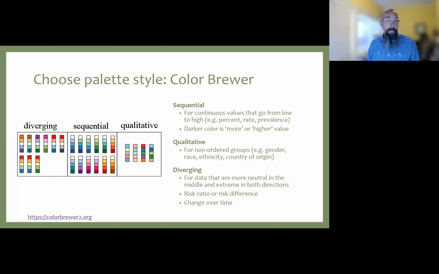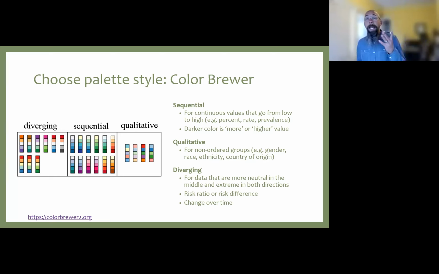And this website down here, colorbrewer.org, is a great place. If you do any mapping, you've probably been there before, because the way it's set up is primarily illustrated with choropleth maps, but the color palettes at Color Brewer can be used in anything. You can use Color Brewer for bar charts or dot plots or things like that.